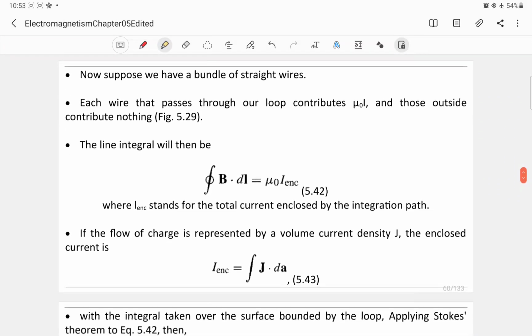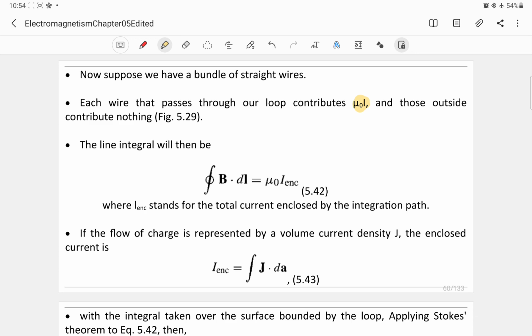Now suppose we have a bundle of straight wires. Each wire that passes through our loop contributes this one here. It's like Gauss's law. When you have a Gaussian surface and it encloses a charge, the electric field produced on the Gaussian surface is proportional to the enclosed charge.